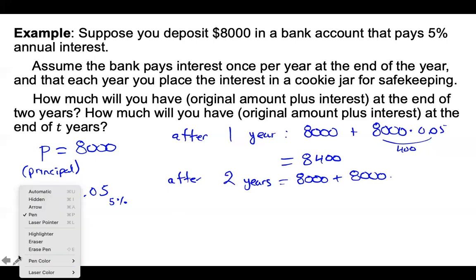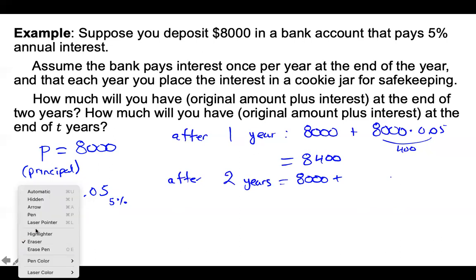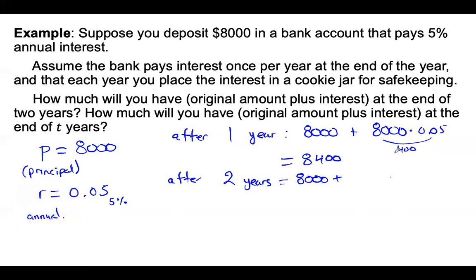I'll write it out this way. Plus the 400 from the previous year, plus the next 400 that we'll get.